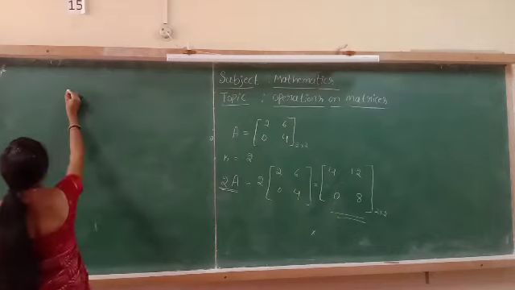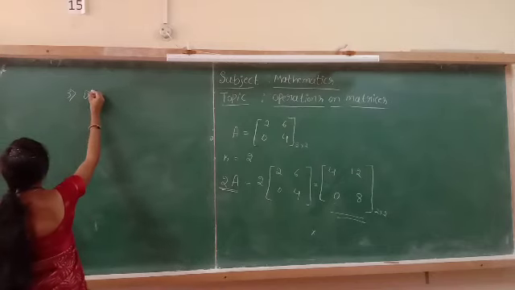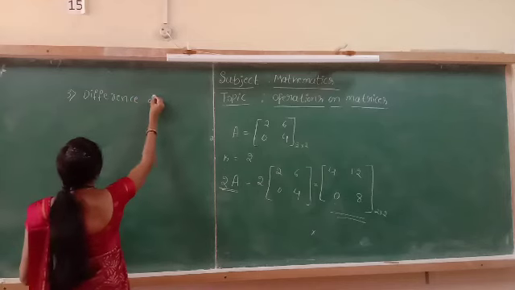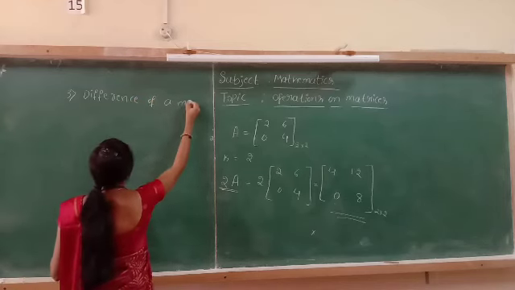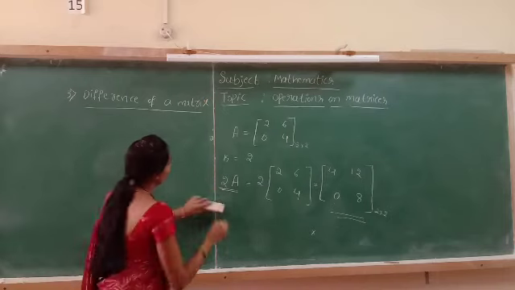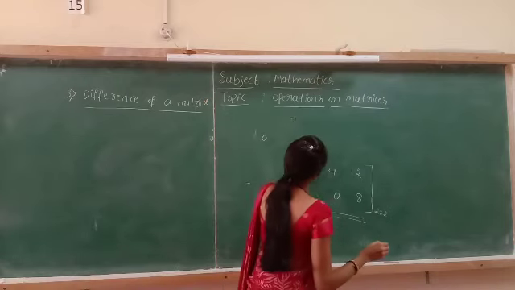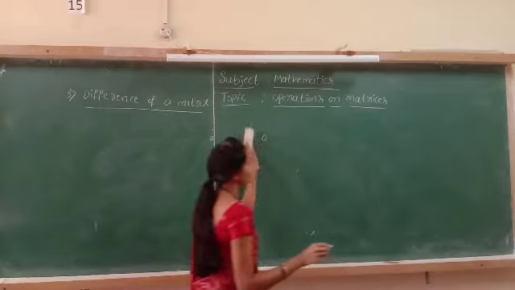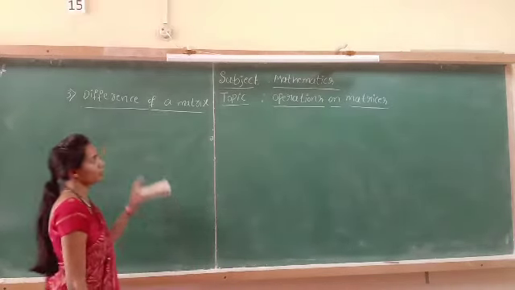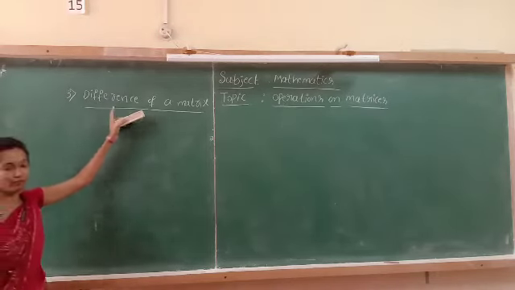So the third operation defined on matrices is the difference of a matrix. Likewise, we already saw the addition of a matrix. Similarly, we also define the subtraction, or difference, of a matrix.